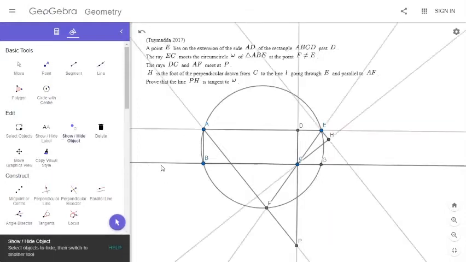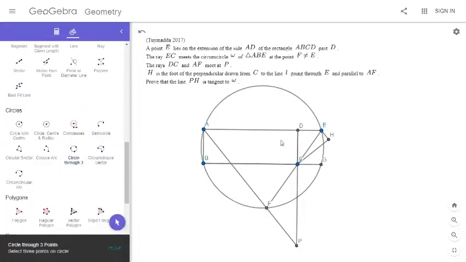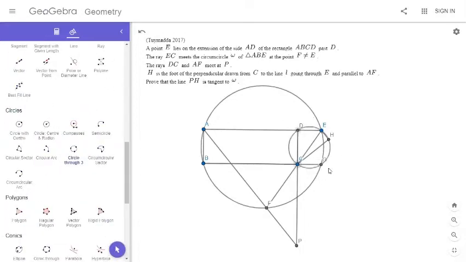So let's see. Yeah, this might be a fast one. This might not take a huge amount of time. So DEHGC is cyclic because those are all right angles, right? And then can we show CGFP is cyclic?